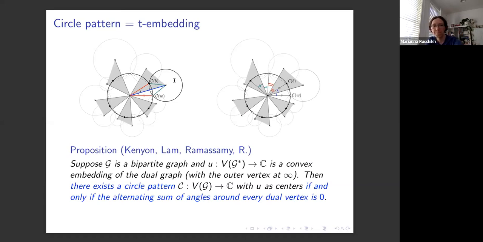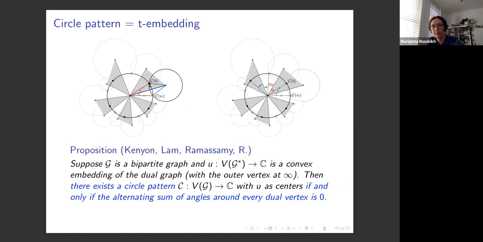Okay, first of all, let us show that the centers of circle patterns satisfy the angle conditions, right? This is the only thing I need to check, that the centers of circle patterns correspond to the t-embedding.